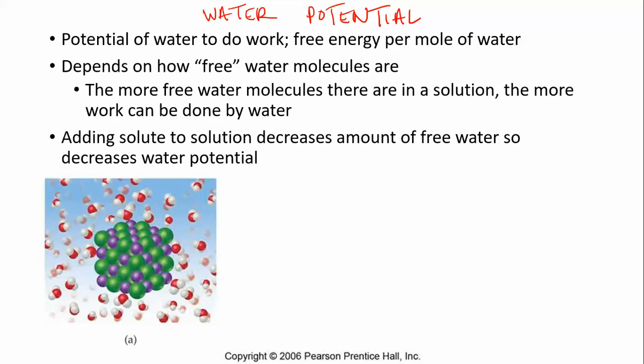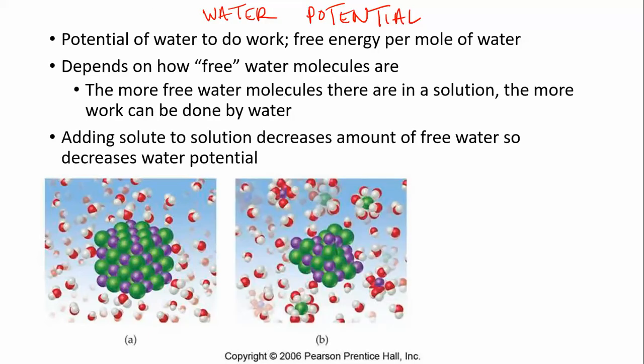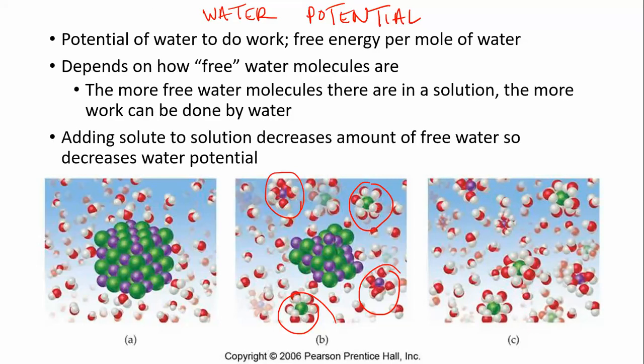As it stays in the water more, what you'll start to notice is more and more water is going to get taken up or bound by these ions that are separating off. And so those water molecules that are attracted to those ions are not free to move around and do any work. And as more time passes, you start to see more and more water molecules getting bound up.